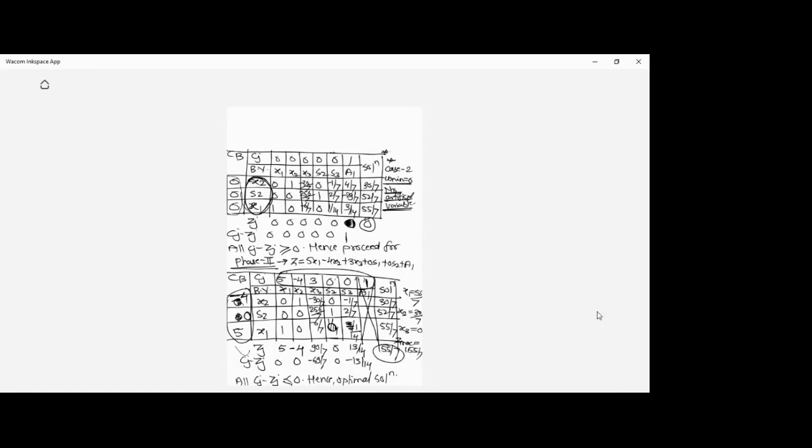So it may so happen that there is a tie in selecting the leaving variable, when two ratio values are the same and those happen to be the minimum positive values.